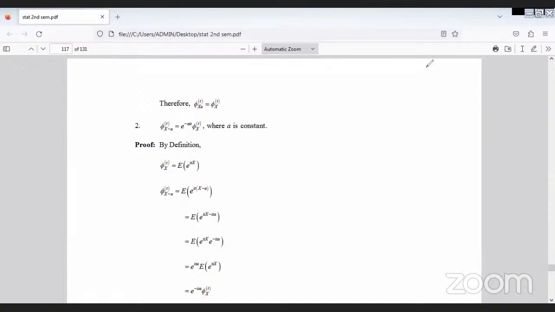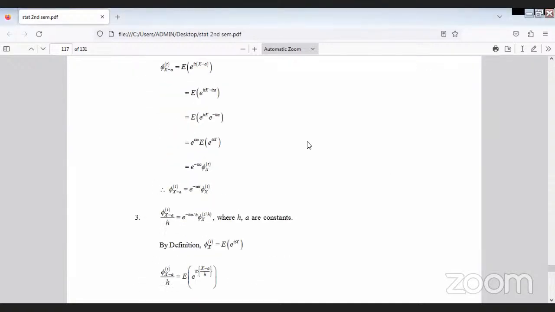We can write it or not? Yes, sir. This is more important in our annual examination.